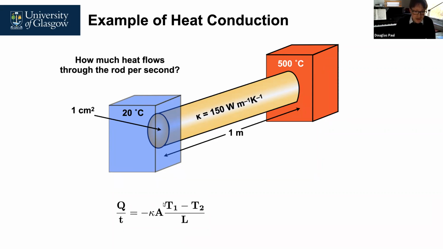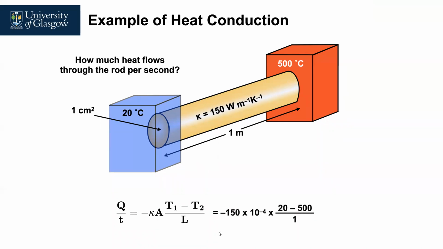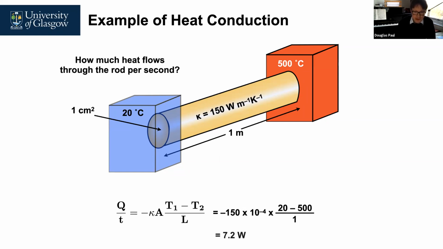So you need to change area into meters, and so that's 10 to the minus 4 square meters. So if we now have the minus 150 watts per meter Kelvin, we've got 10 to the minus 4 for the area, and we've got 20 minus 500 in here. And hopefully, if I haven't done anything wrong with the calculator, you end up with 7.2 watts.